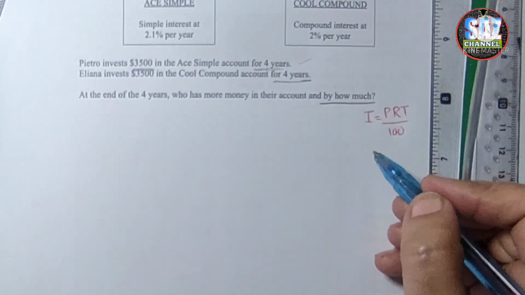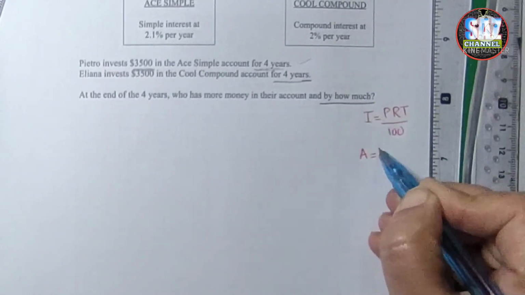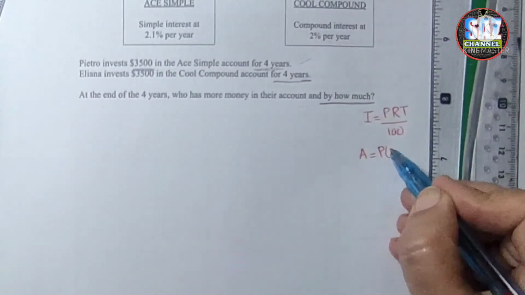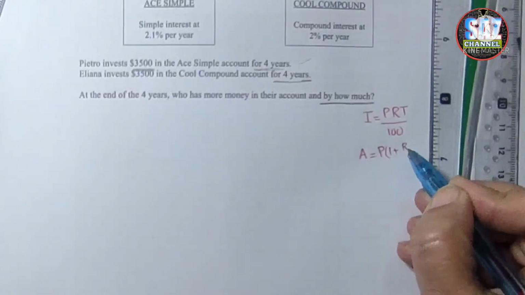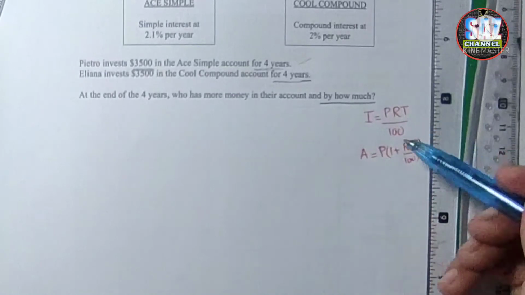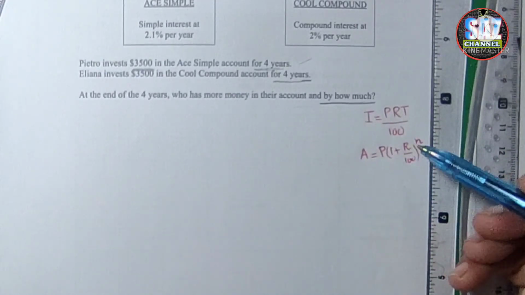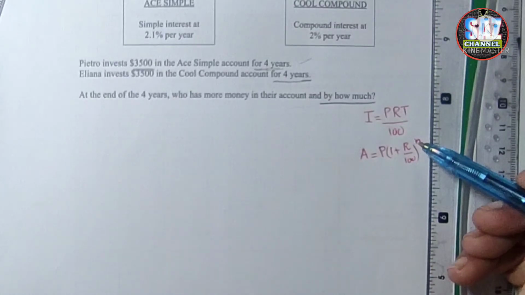The formula for compound interest: amount equals P into 1 plus R over 100, rate over 100, raised to the power of n, where again P is the principal, rate is the percentage of interest, and n is the conversion period or time.